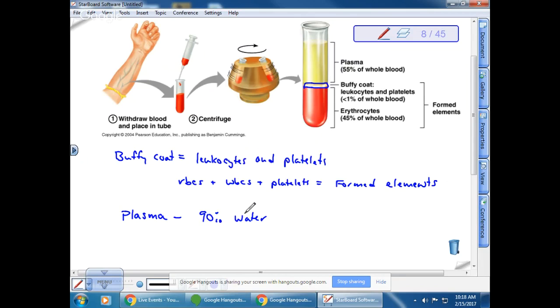But within this water, we have things dissolved in solution, including electrolytes. Electrolytes are charged ions, and these would include sodium, potassium, calcium, and bicarbonate ions.